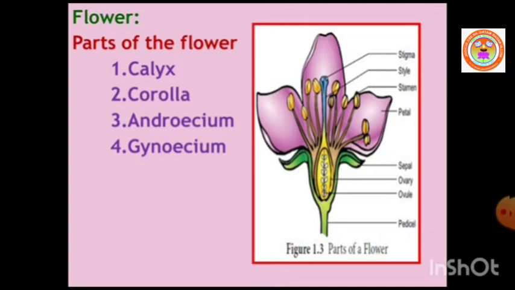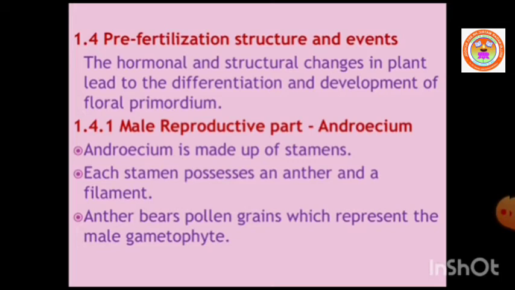The process or changes involved in sexual reproduction of higher plants include 3 stages, namely pre-fertilization changes, fertilization and post-fertilization changes. Children, let us discuss these events in detail one by one. First, pre-fertilization structures and events.